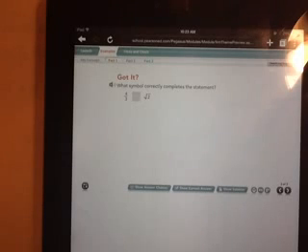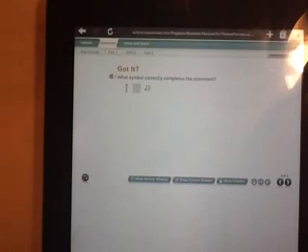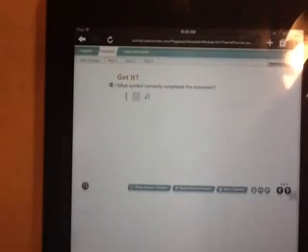Which symbol correctly completes the statement? Once again, this is where we are going to simplify that fraction first. It's hard to compare in a fraction. We're going to turn that fraction into a decimal. So 4 divided by 3 is going to be 1.3 repeating. Now I want you guys to be finding out what the square root of 2 is.